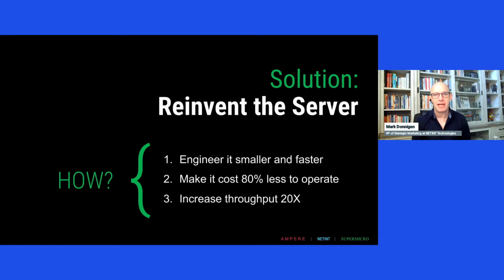And that's what's super unique about what our three companies are here to show today, that you can actually reinvent the streaming server to be smaller and faster. We are also going to show you how we can make it cost 80% less to operate. And that seems like a really, really big claim. It is a big claim, but it's true. And we're going to show you the data behind that. And at the same time, we're going to show you how this new configuration, this new architecture, can actually increase throughput by 20x. Again, very bold claim, but it's true.